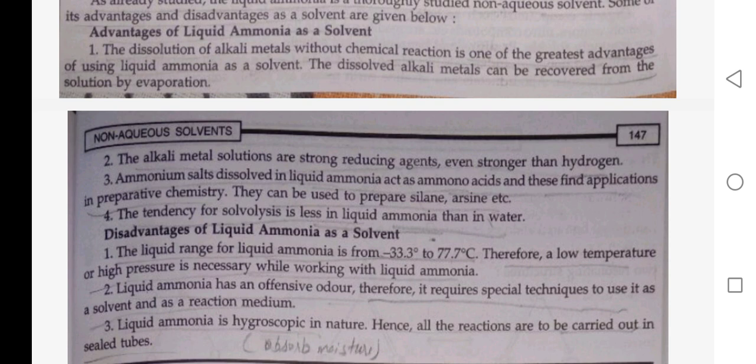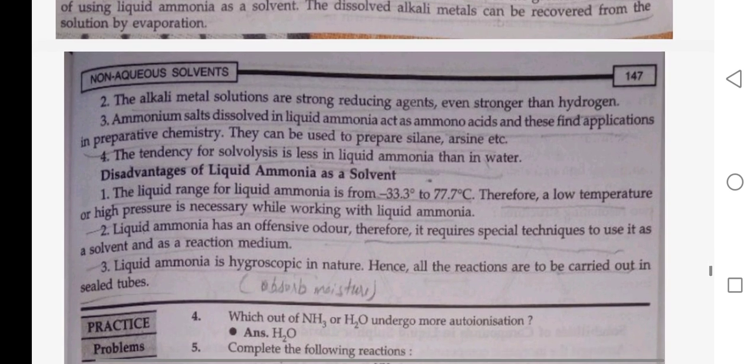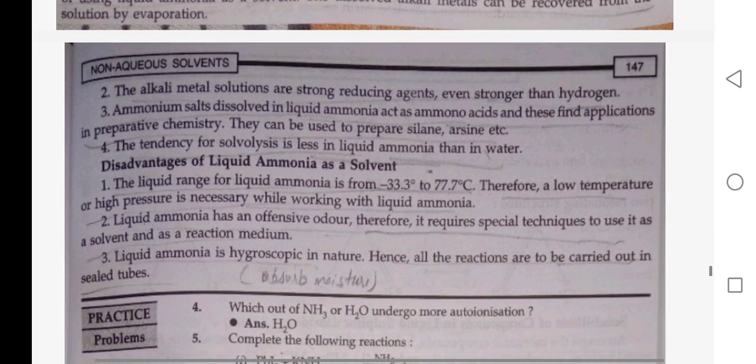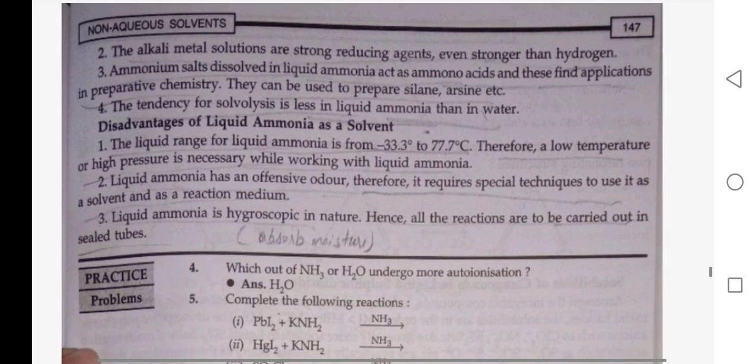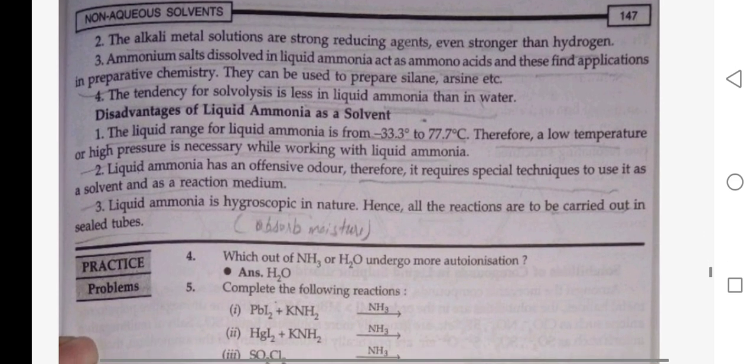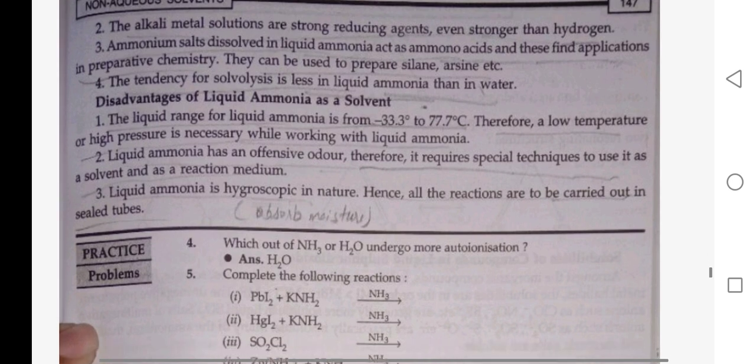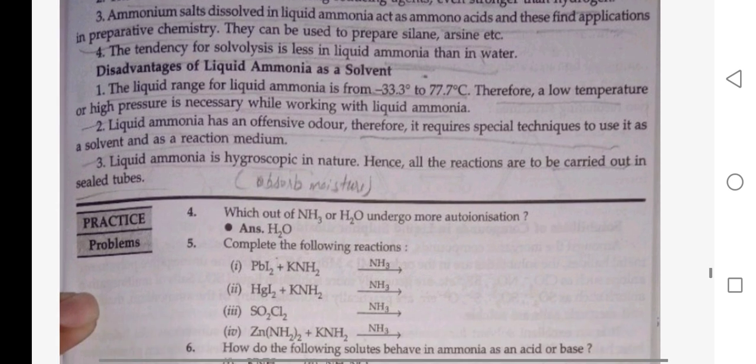The alkali metal solutions are strong reducing agents, even stronger than hydrogen. Ammonium salts dissolved in liquid ammonia act as acids, and these find application in preparative chemistry. They can be used to prepare stibine, arsine, etc. The tendency of solvolysis is less in liquid ammonia than in water.